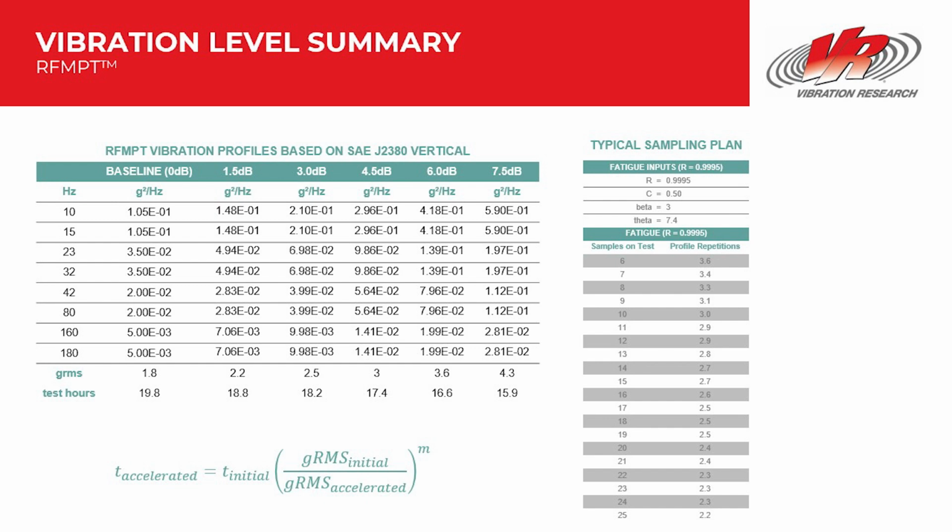If you are familiar with the SAE J2380 standard, you will know that the vertical baseline test is only 5.5 hours long. However, because RFMPT correlates to a desired reliability target, a sampling plan is used that relates number of parts on test to how many product lives a part must survive to demonstrate a reliability requirement.